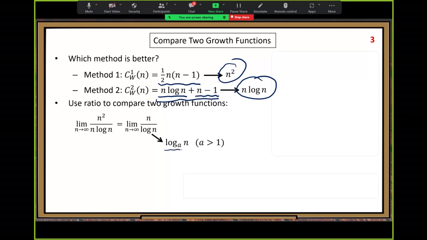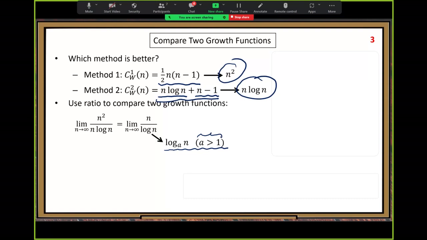So let's assume we consider a general base, a. We only require that this base is greater than 1. That's all we need. The base a of the logarithm is greater than 1.